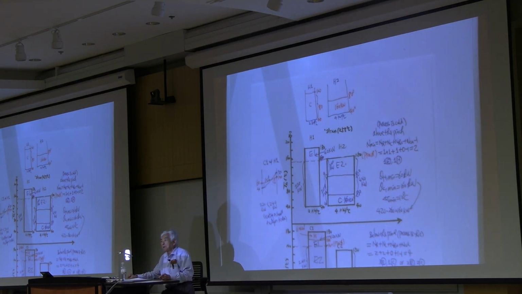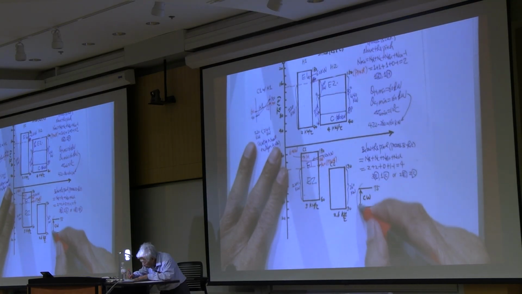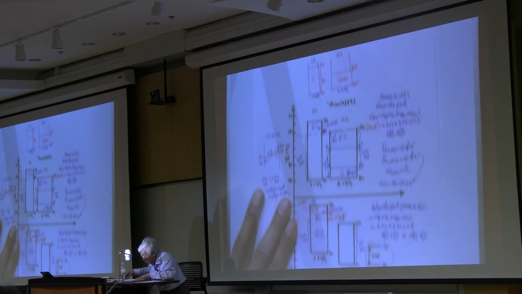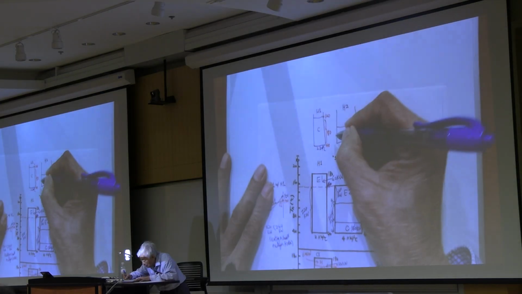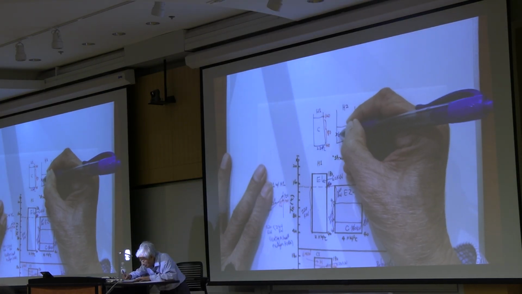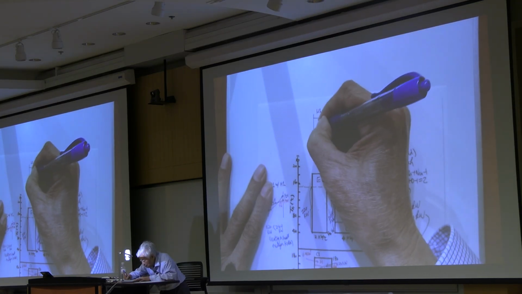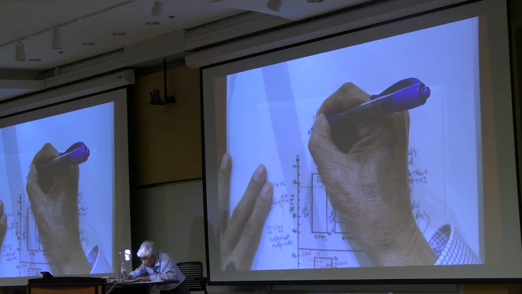Now, which one represents more efficient use of the lowest temperature cooling water? This average is 60. This average is 80.